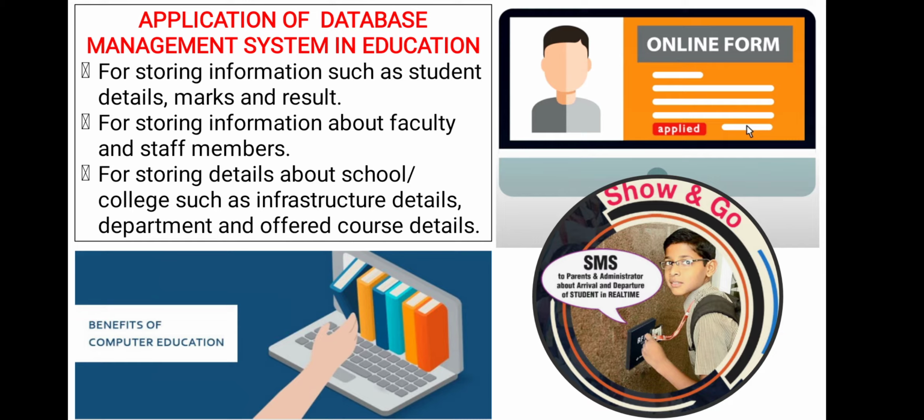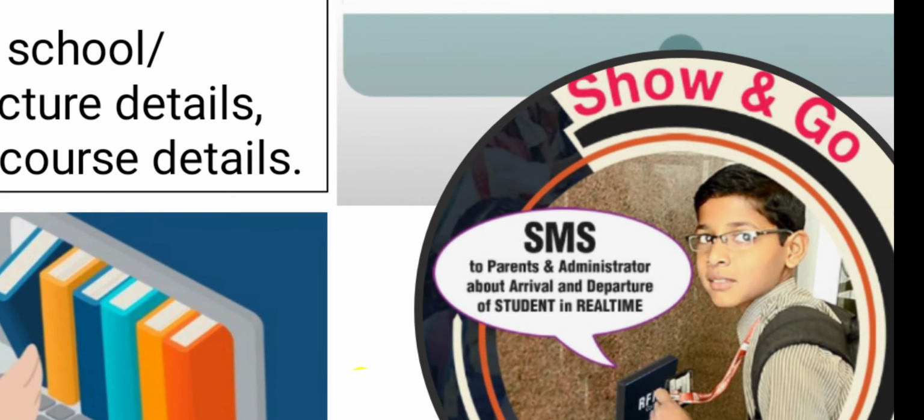And you can also see a student showing his ID card to that device. That device can be a fingerprint model, or it can be an RFID card, where all your attendance details will be recorded. Immediately an SMS is sent to the parent and administrator about the arrival and departure of the student in real time.